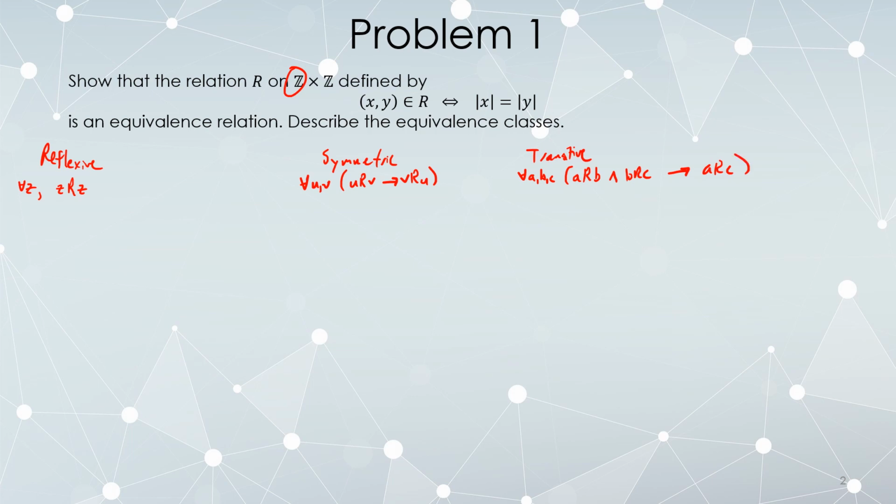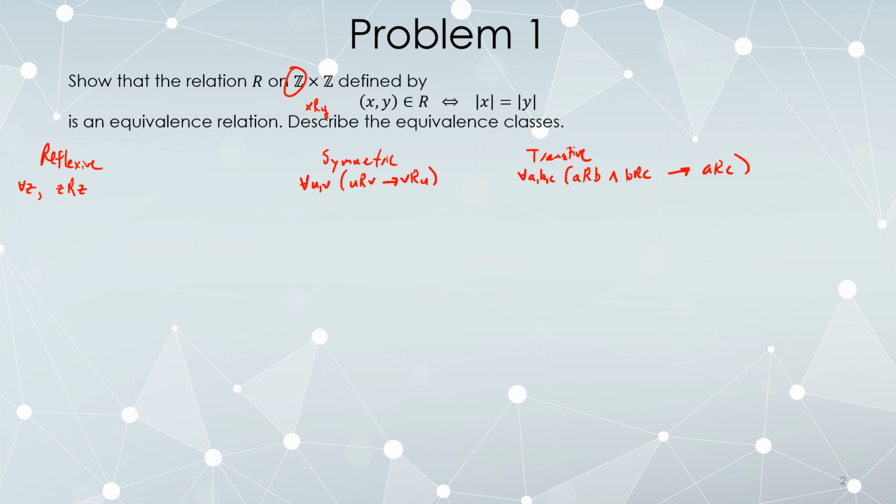Here in my handwriting, we're using the notation uRv for the relation. Up at the statement of the problem, we could write this as x is related to y. This is just slightly less writing than writing out the ordered pair and the set inclusion notation every time. All right, so let's prove these three conditions.